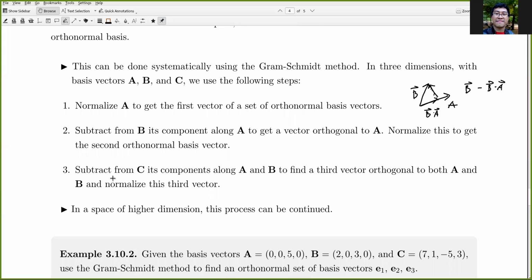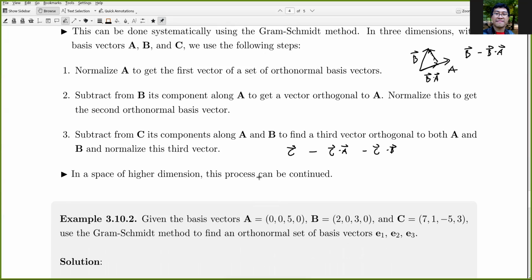Lastly, we subtract from C its components along A and B, so C minus (C dot A) A minus (C dot B) B. We normalize this, and it will be the third orthonormal basis vector.